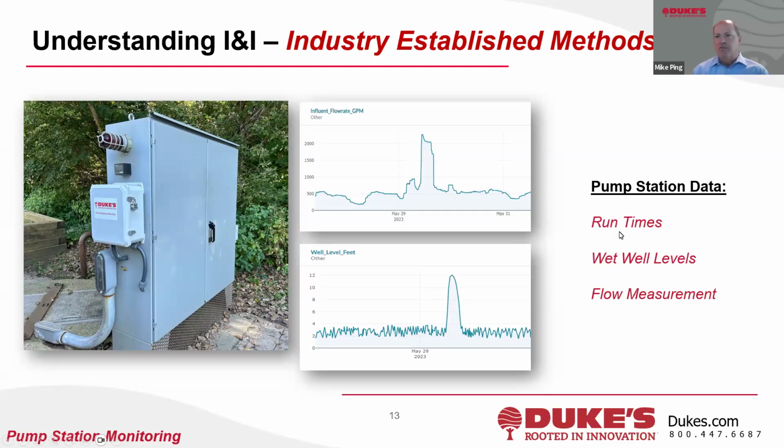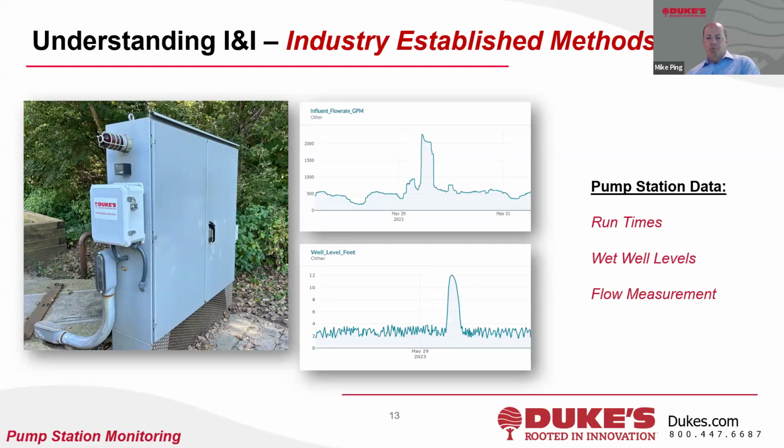In a nutshell, that methodology measures how long the pumps are running in total, and makes a basic comparison: these pumps normally run a grand total of 5 hours per day. They're turning on, turning off, and so forth as the wet well goes up and down, right? But let's say hypothetically that the pumps run a total of 5 hours. Here comes our 1-inch rain event, and all of a sudden it's running 12 hours for that day.